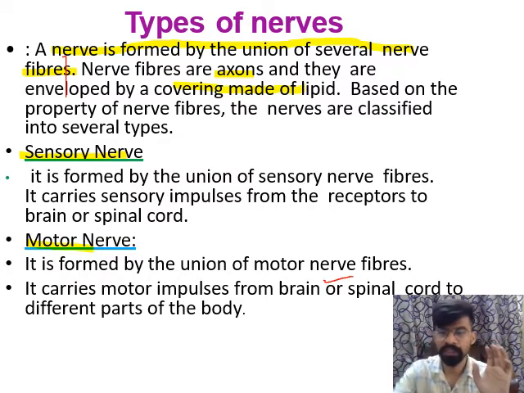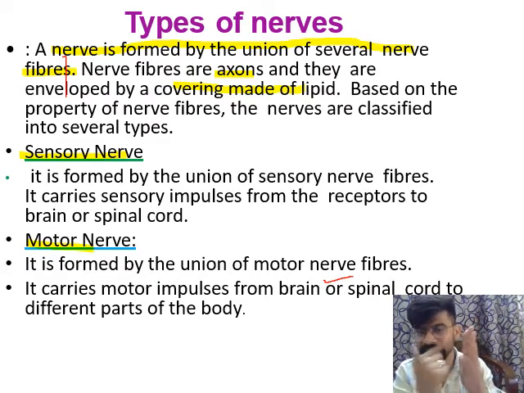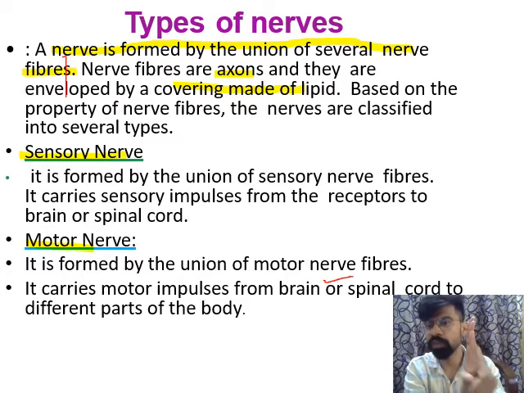Suppose this is a hot object. When we touch the hot object, the degree of hotness is sensed by the sensory receptor.